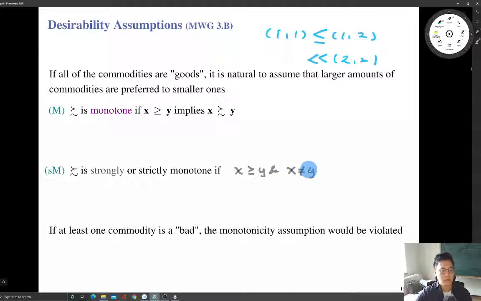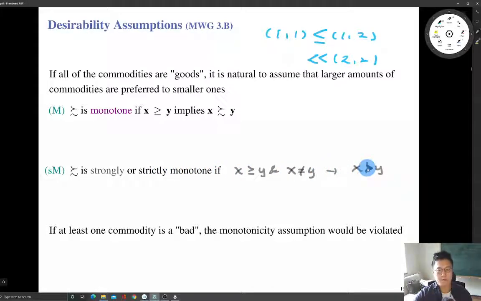Then the consumer thinks bundle X is strictly better than bundle Y. So monotonicity requires weak preference, but strict monotonicity requires strict preference.